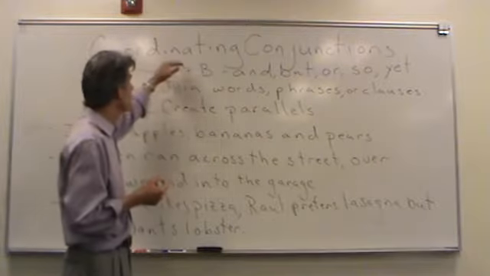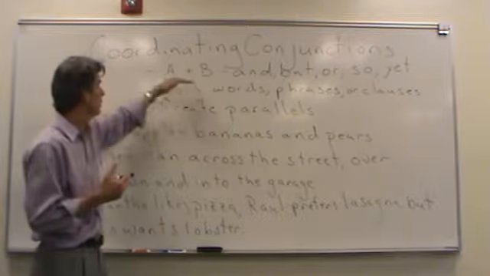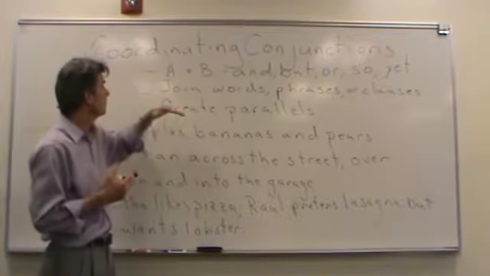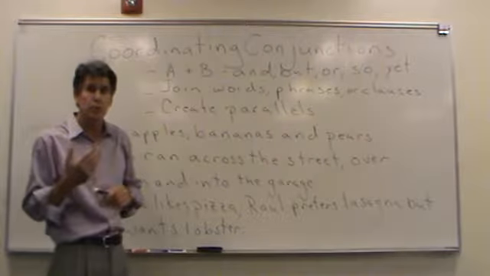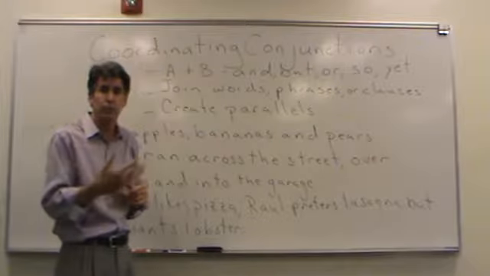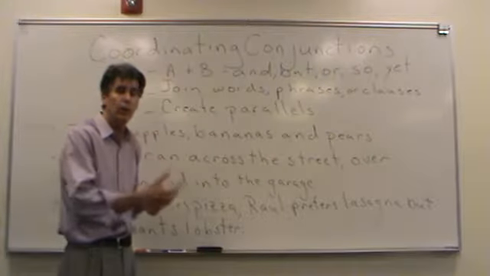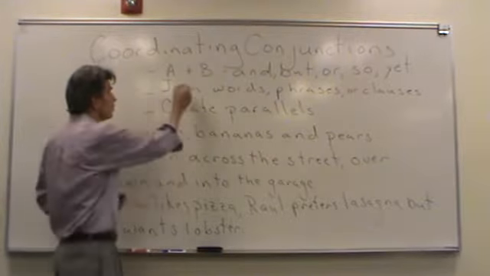With coordinating conjunctions, what you have is a logic of A plus B. You are somehow joining together two items, or you're joining another item onto a list of items of 3 or 4 or 5. You're adding one more on. So these conjunctions do the addition of adding the B on.